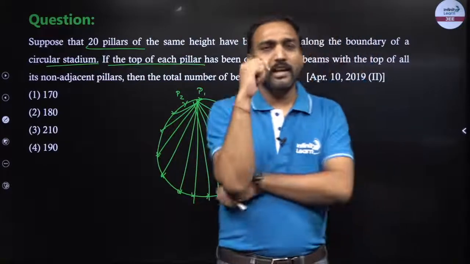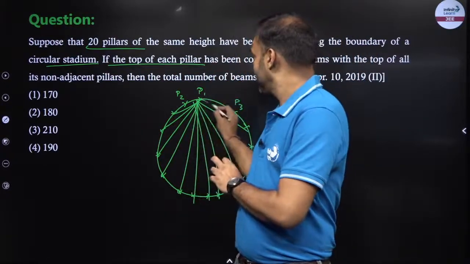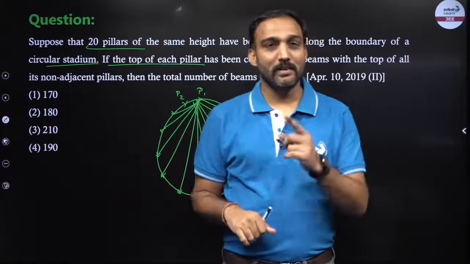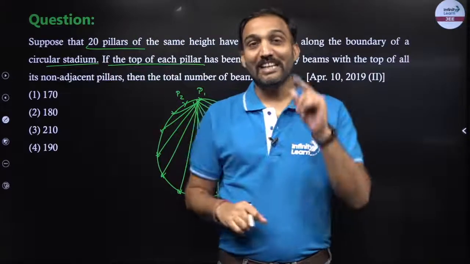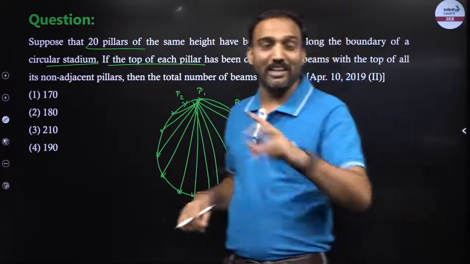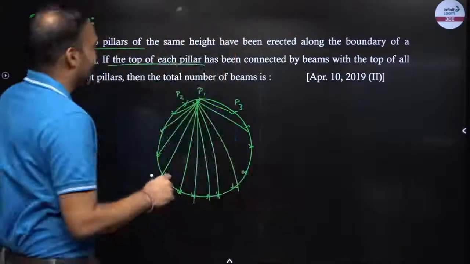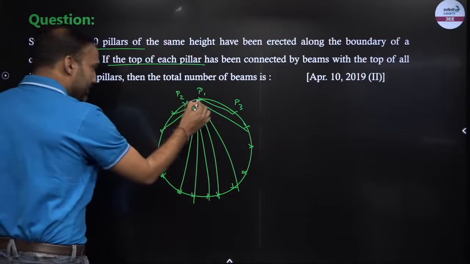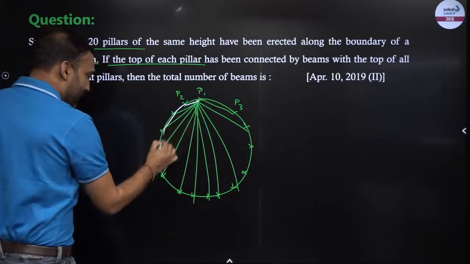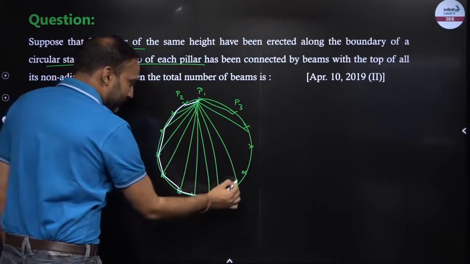Now comprehend, if I connect it to the adjacent, this becomes the chord, or sorry, this becomes the side of the polygon. What is the polygon? If I join all the points P1 to P20, I get a polygon.